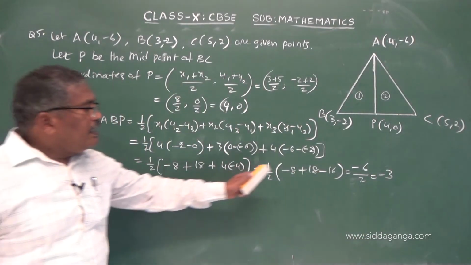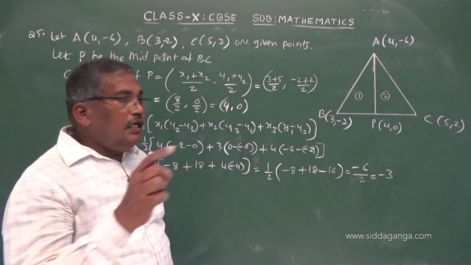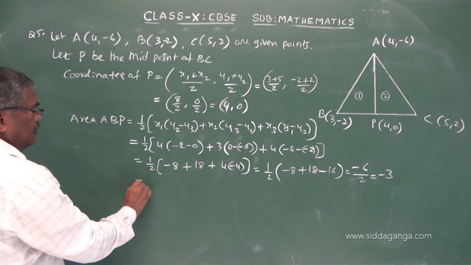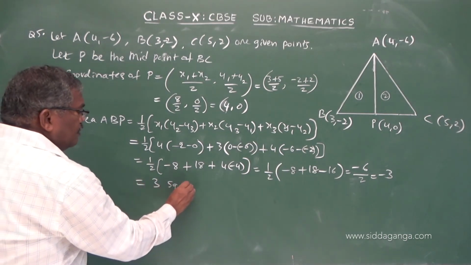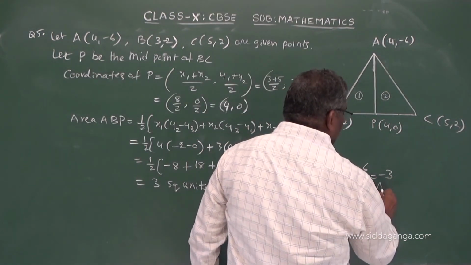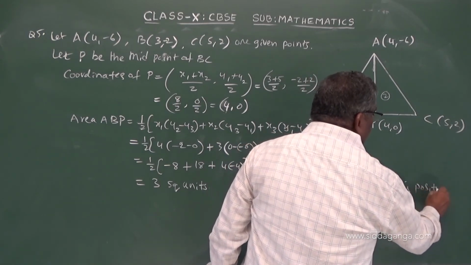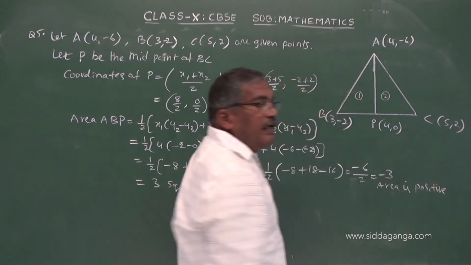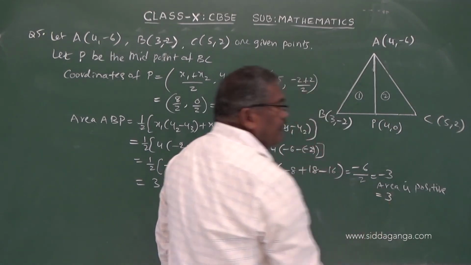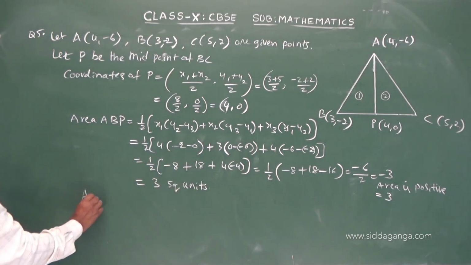Remember, area cannot be negative. Even though the value is negative, we take the area as 3 units. Negative area has no meaning, so the area is 3 square units. We have to write it like that.